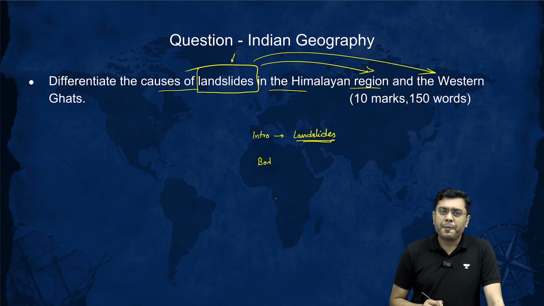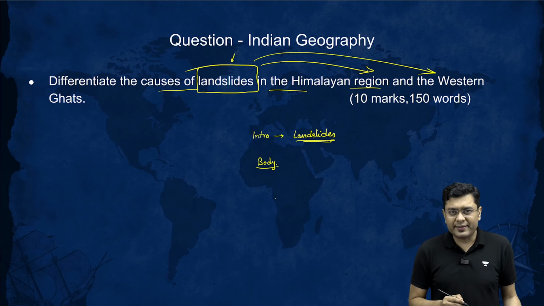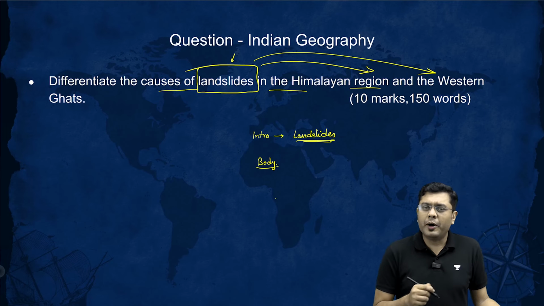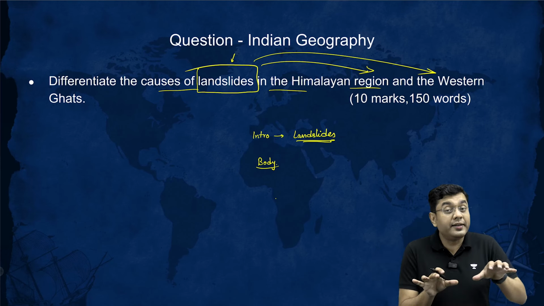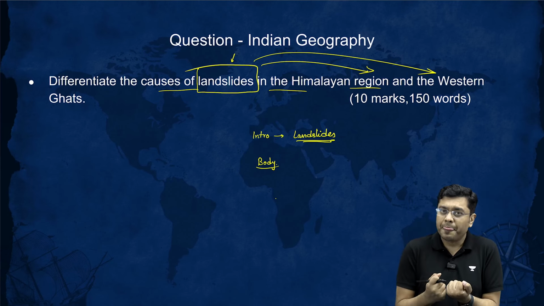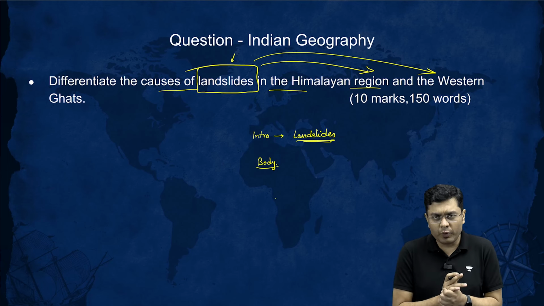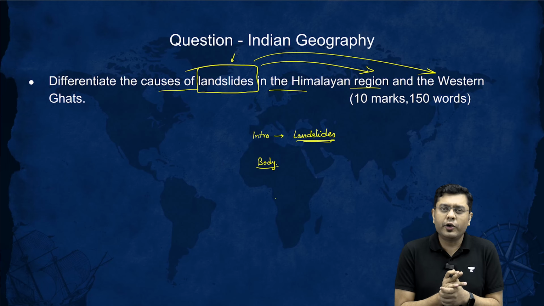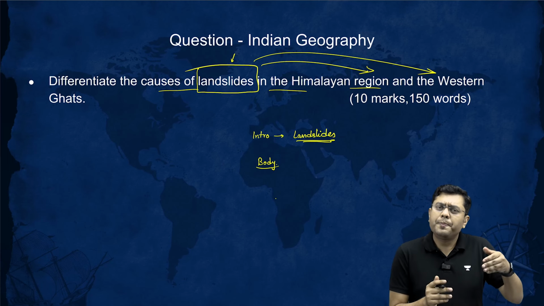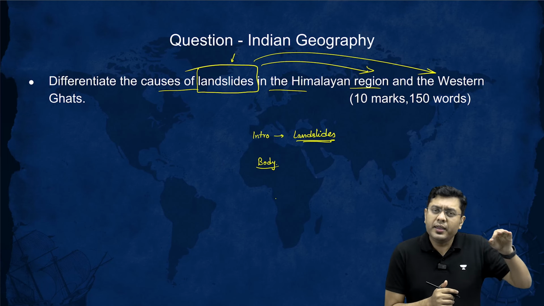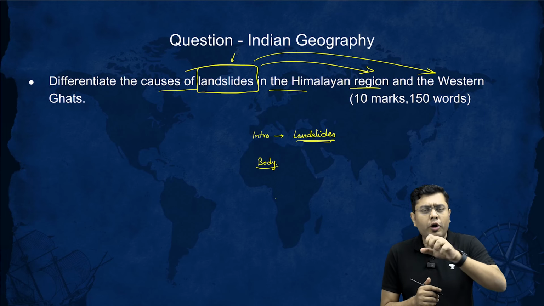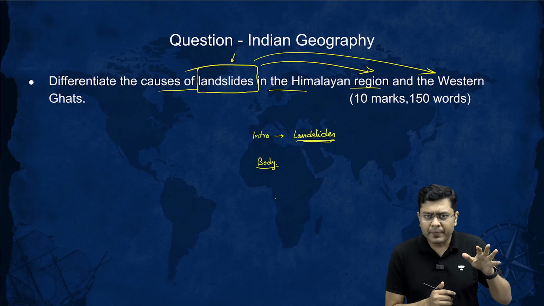Now eventually, when you are concluding the answer, then what? In the conclusion, talk about the fact that landslide is a problem. So your conclusion has to morph into a kind of way forward. When you are writing the conclusion, talk about the fact that these landslides year after year cause a huge amount of loss of life and property.